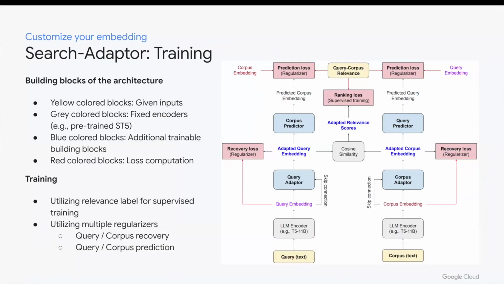So just to go through a bit more in detail on how this happens, again, you have your query and your corpus, and then there's a custom encoder that we already have as of today. And then you build an adapter layer on top, and then you basically train that adapter layer based on that query corpus pairs, right? And in order to ensure that we don't overfit on that particular query corpus pairs, we use a specialized regularization function and a specialized normalization function, and then we build the overall adapter layer itself, right?